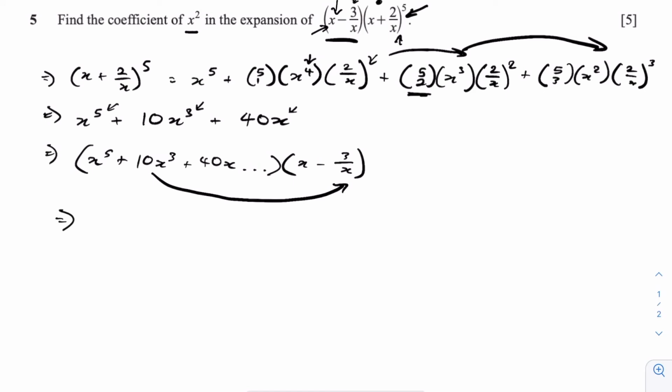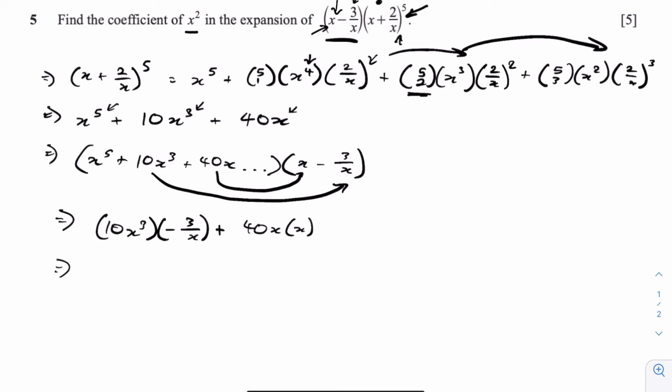So 10x cubed times -3 over x, then we add it to 40x times x, which will also give us something. Let's simplify that down. That gives us negative 30x squared plus 40x squared, which gives us 10x squared.